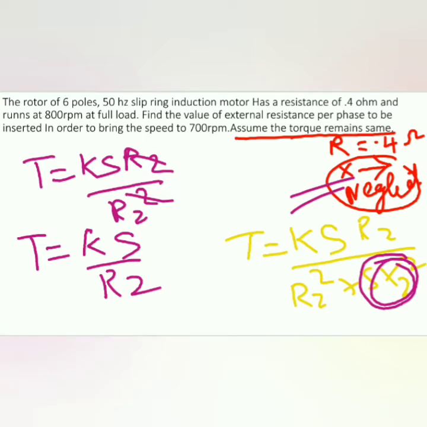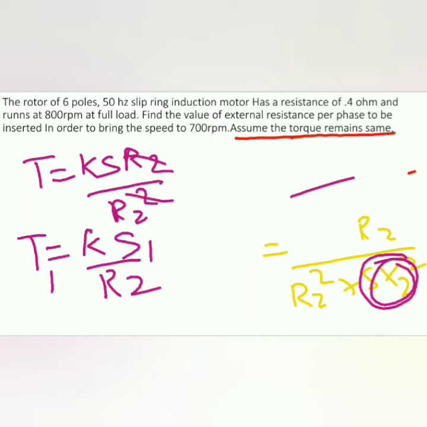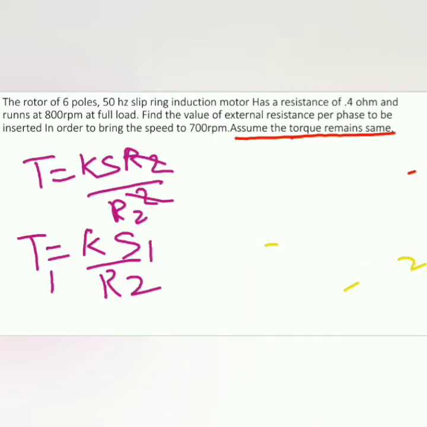If the rotor is rotating at one particular speed, the torque will be T1 and the slip is S1. The same way for the second condition, when the motor is rotating at 700 rpm, the torque will be different, that is T2. So T2 equals K into S2 divided by R2.